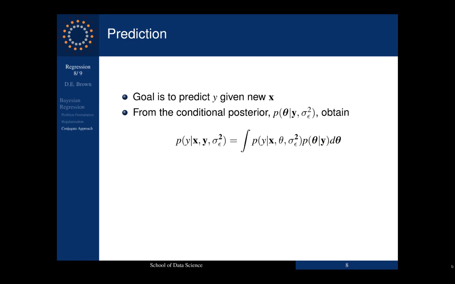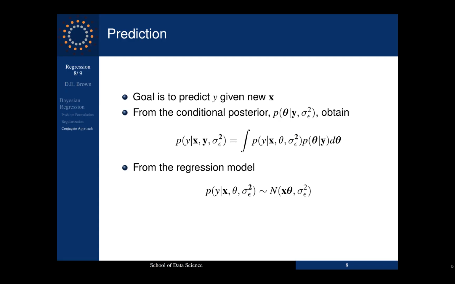So from the conditional posterior that we found for theta, we can obtain the value for this prediction of y now with the new value of x. So that's what we want to do. And the way we do that is, again, by conditioning, and the conditioning is using the posterior distribution of theta.